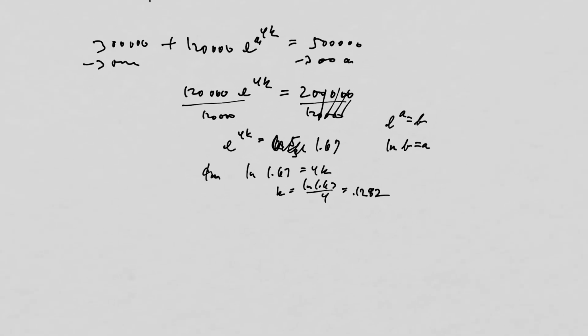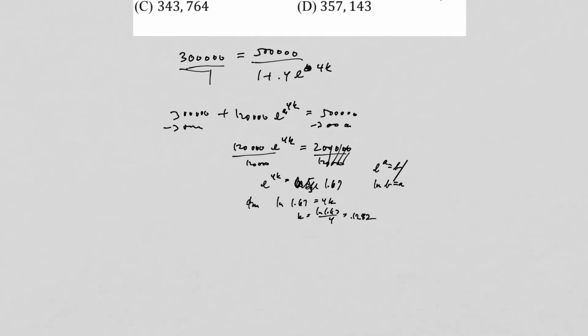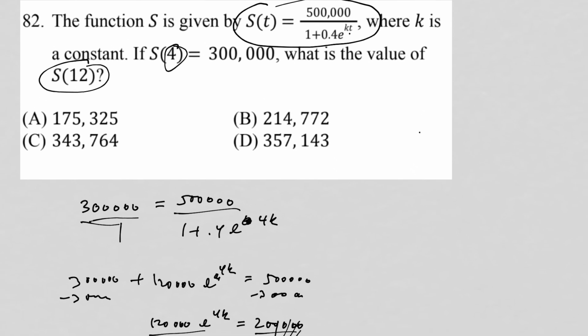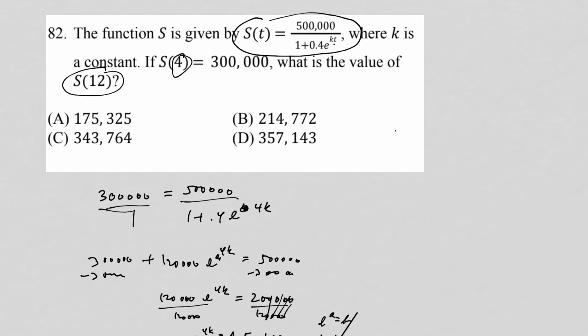Now that we know what k is, we can go back and plug it in to the original equation. And we could plug 12 in also. So S of 12 is 500,000 over 1 plus 0.4 times e to the k, which again was 0.1282, times t, which is 12.